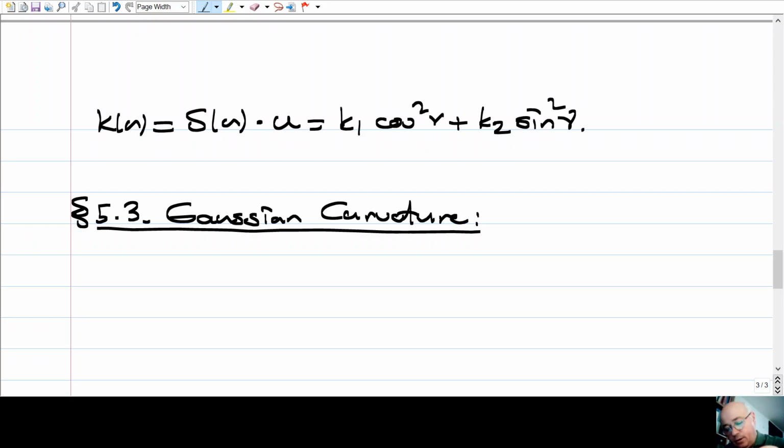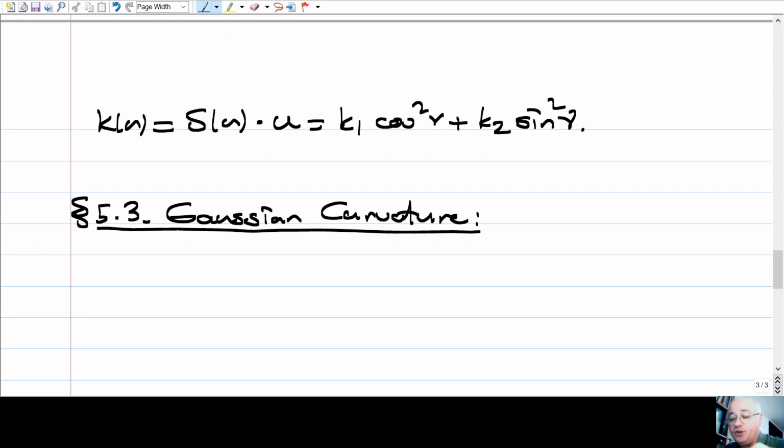Well, any 2 by 2 linear operator, in other words, a linear operator on a two-dimensional vector space, has two invariant numbers.